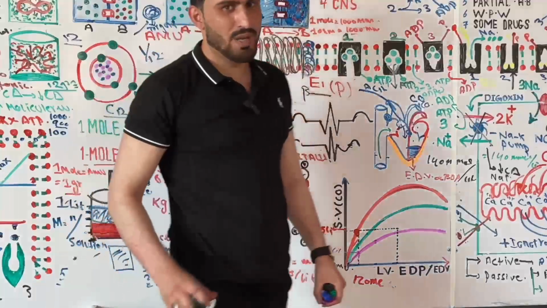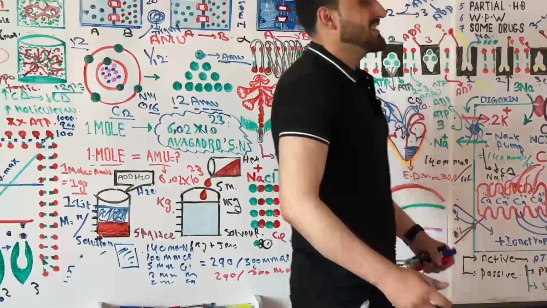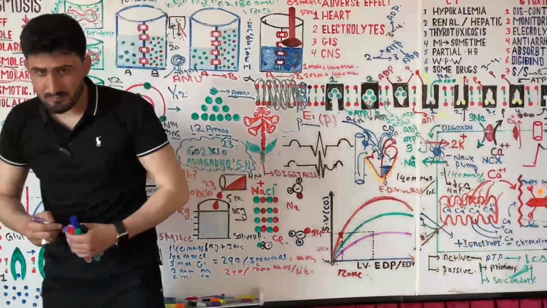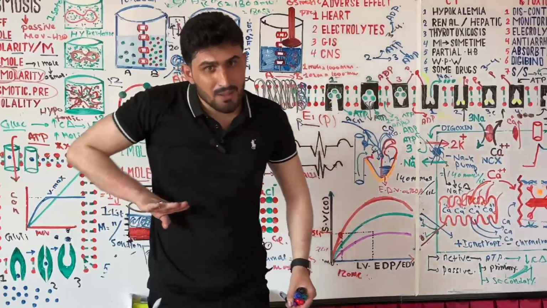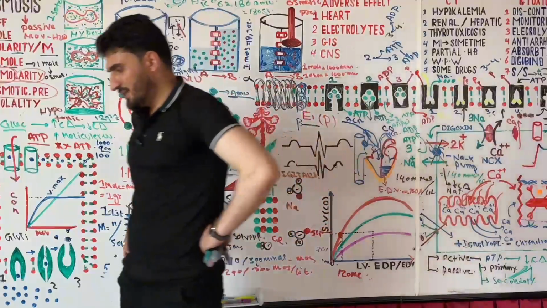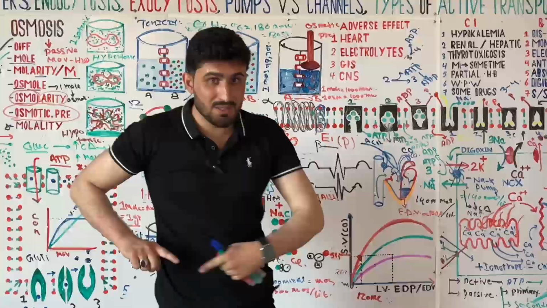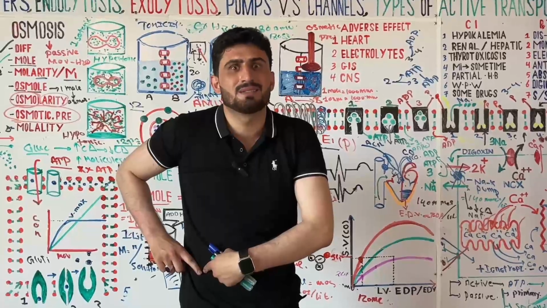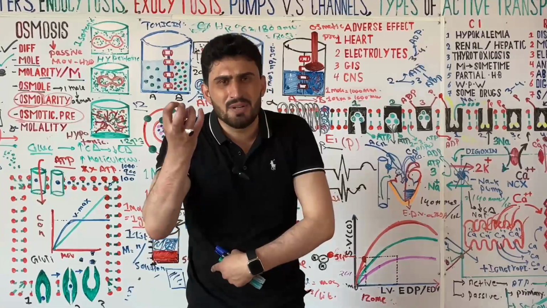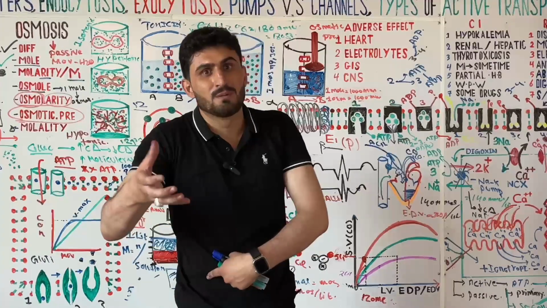Now when cardiac output decreases, it causes activation of compensatory mechanisms in our body. For example, when less blood goes to the kidney, the kidney says to the heart, my brother, I receive less blood, please increase the blood for me.